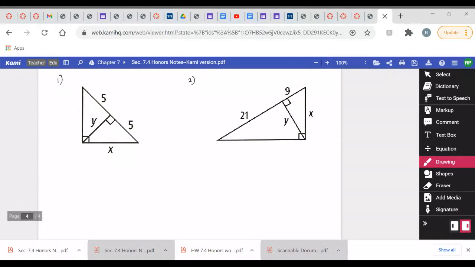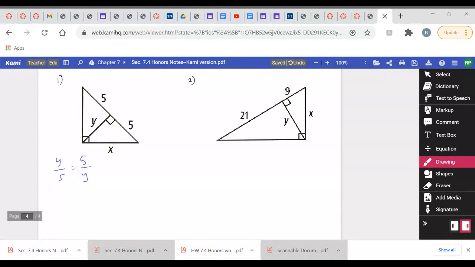So on this one, if we think of the formula again, you should still be able to see your formula. I need some room to work, but it said the altitude, which is y, over one part of the hypotenuse, which is 5, is equal to the other part of the hypotenuse, which is 5, over the altitude again, which is y.